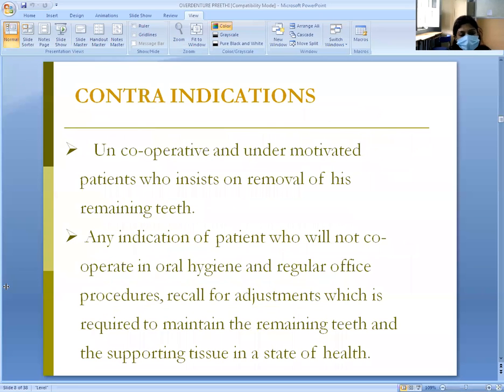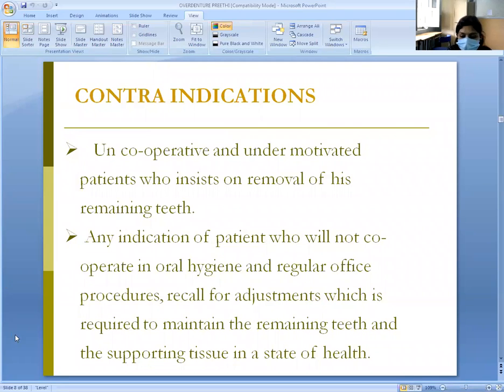Then contraindications. Overdentures are contraindicated in uncooperative and undermotivated patients, and any patient who will not cooperate in oral hygiene and regular office procedures.